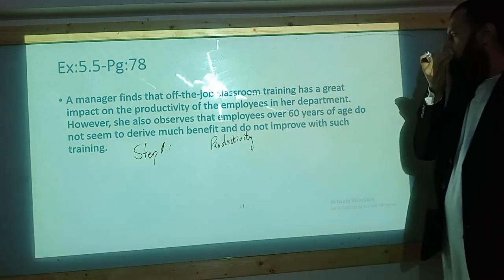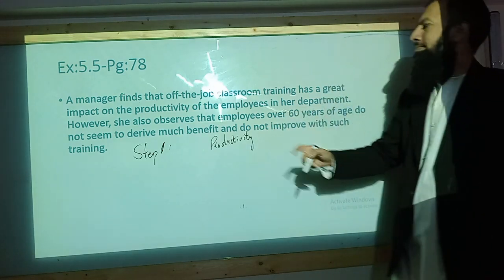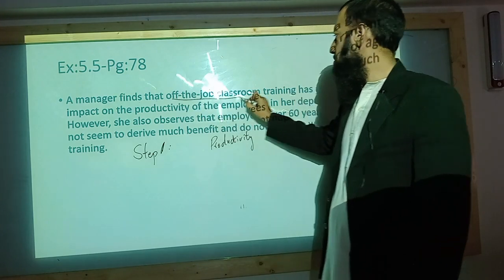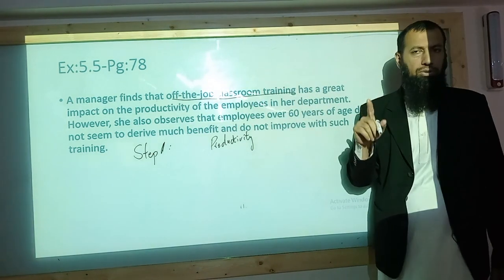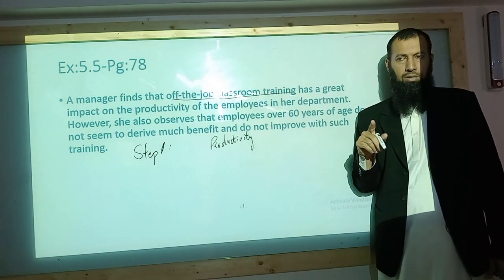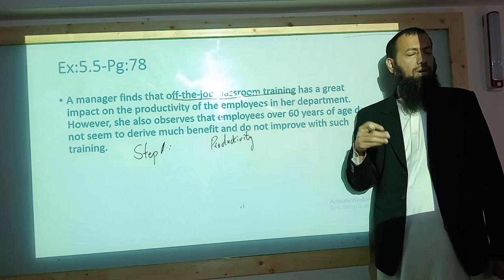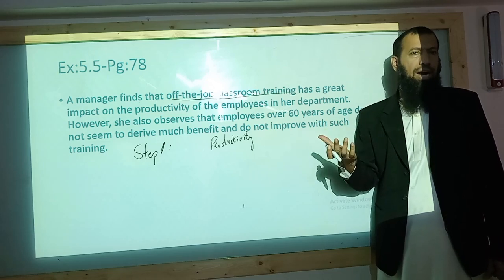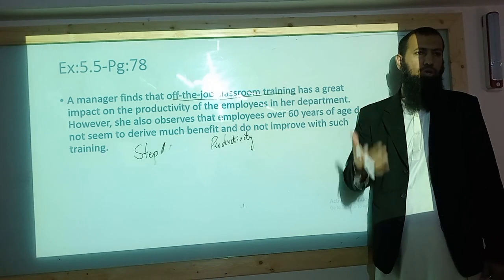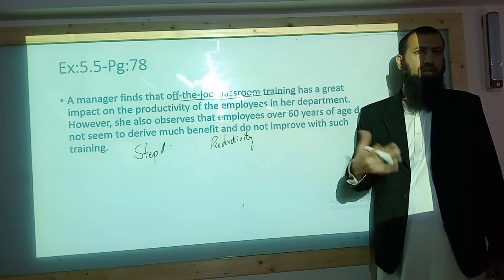Okay? Productivity. Off-the-job training, classroom training. Off the job. Do you know the meaning of off-the-job training? There are multiple kinds of training. One is on-the-job training, that is during the job.